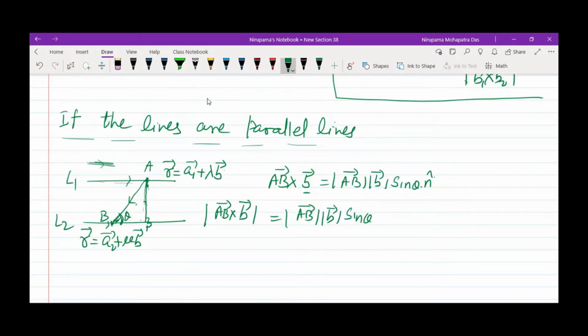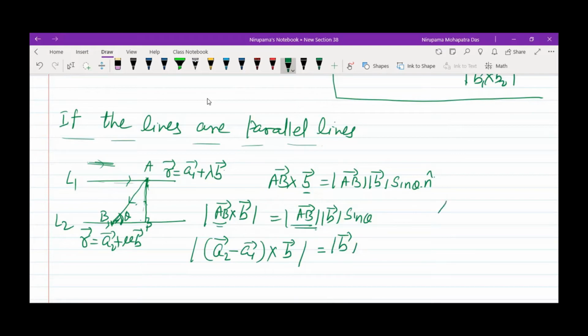Now this is A2 minus A1 cross B, magnitude of this. So this is equal to A2 minus A1 cross B, and let me write B vector magnitude. Now what about AB sine theta?